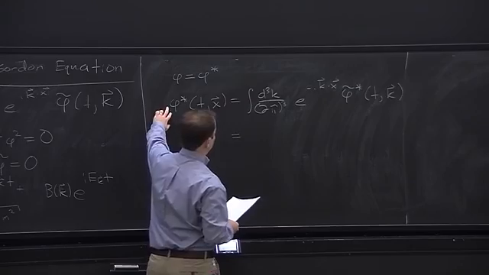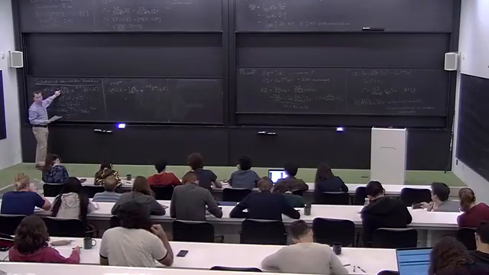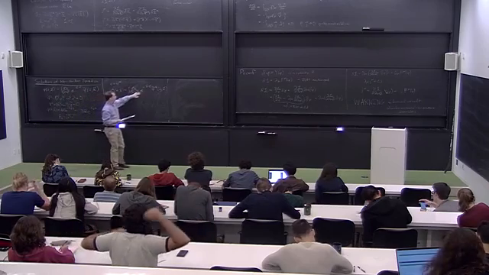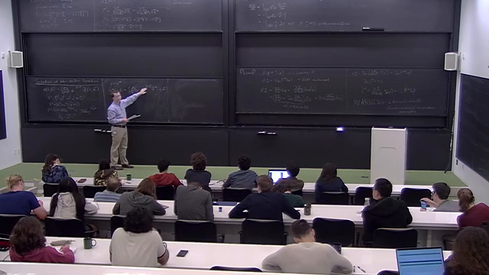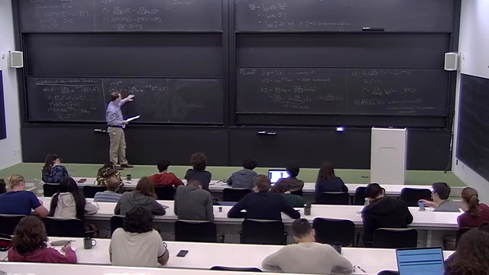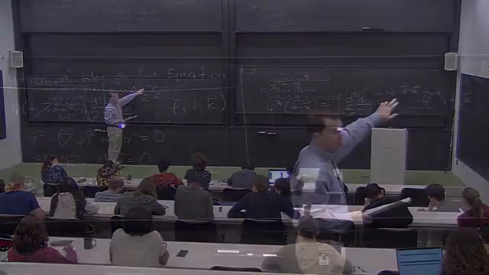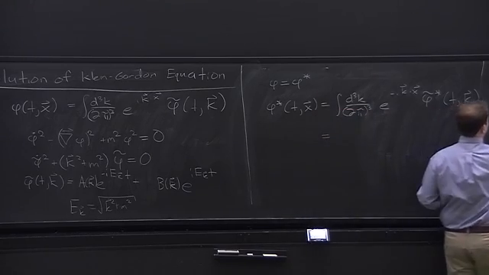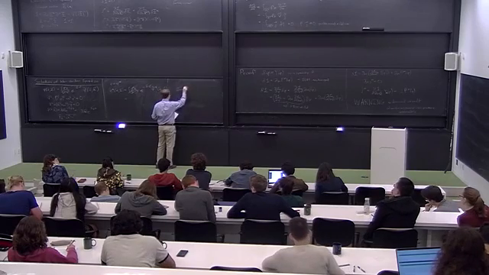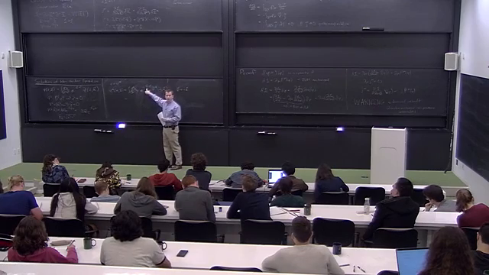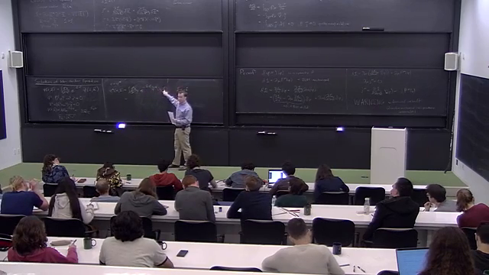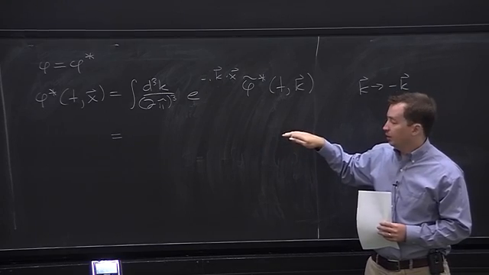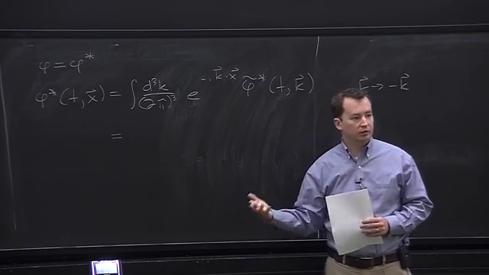We want to compare this to our original ansatz for the solution. One problem in doing so is that the sign in the exponent has changed. But we can do a change of variables by taking k to minus k. If we do that, the sign will flip, which is good. That's what we want. It'll give us some relation between A and B of k and A star and B star of minus k.